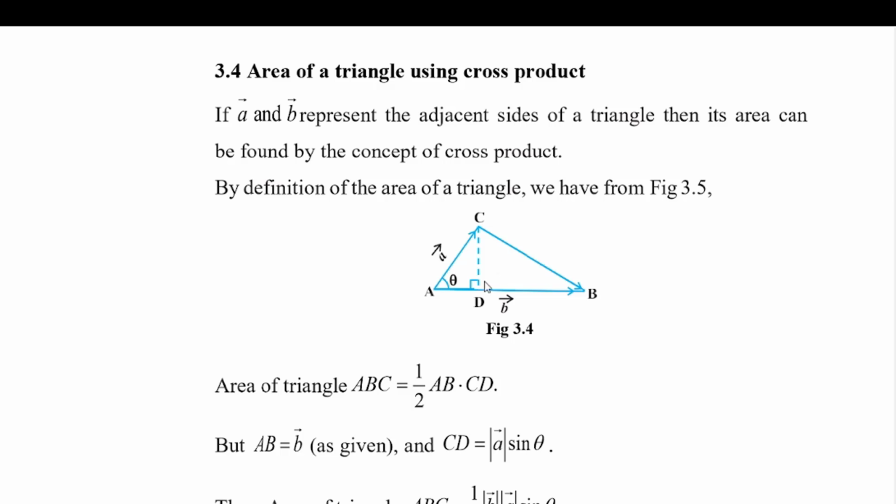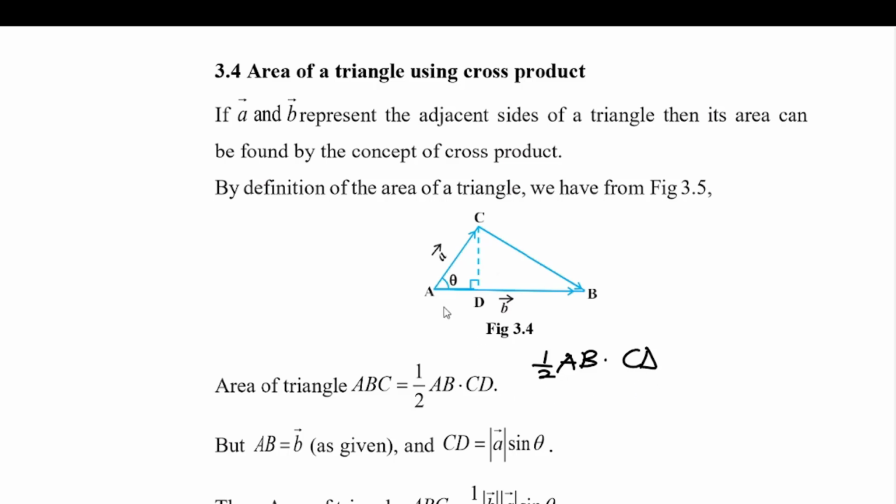Now from the triangle ABC, the area is given as half of AB dot CD. So area of the triangle ABC equals half AB dot CD.